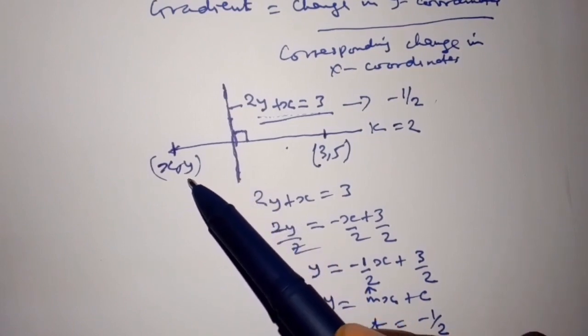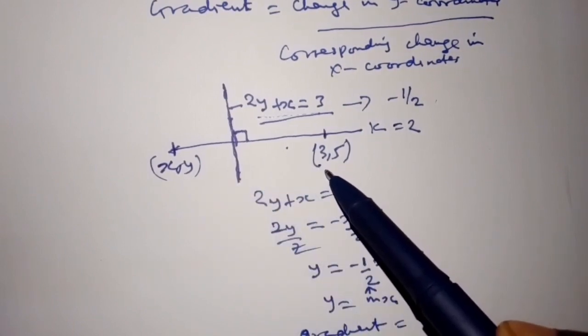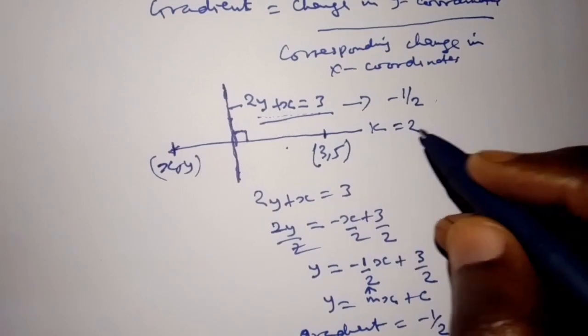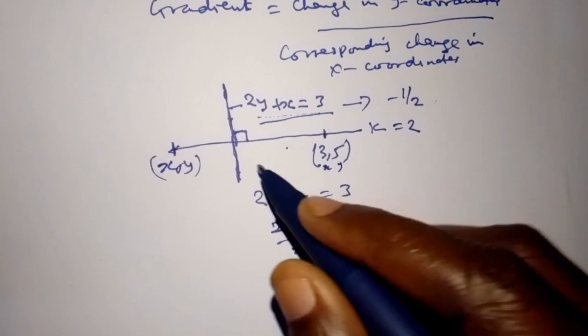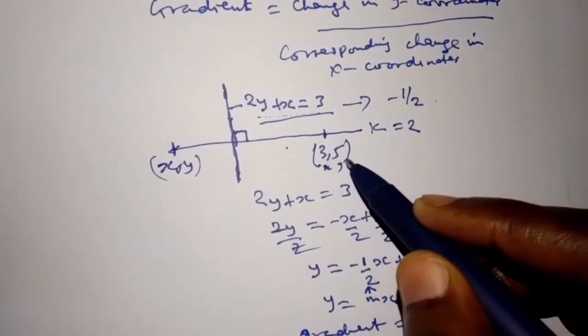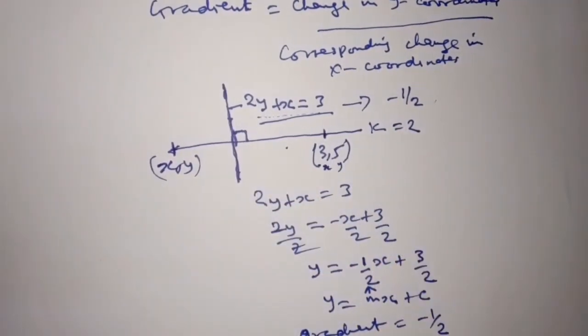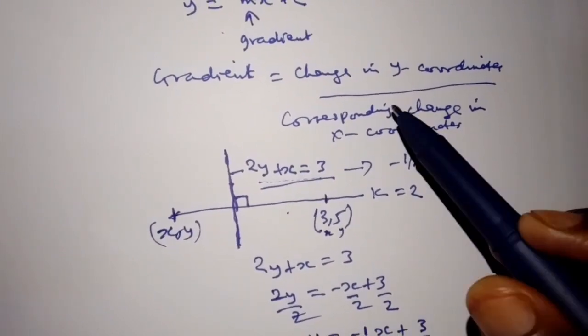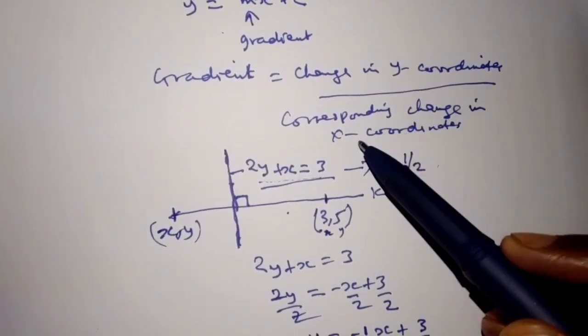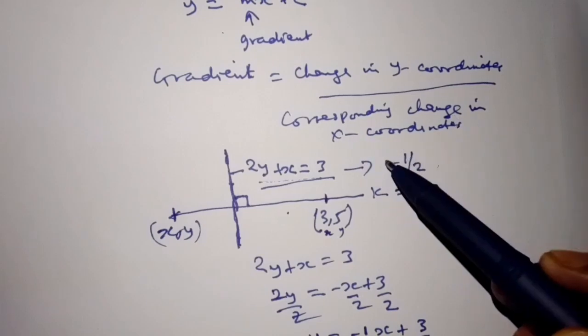This is one point, this is another point. Okay, this is x, this is y. We use this fact now, that gradient is change in y coordinates over corresponding change in x coordinates.